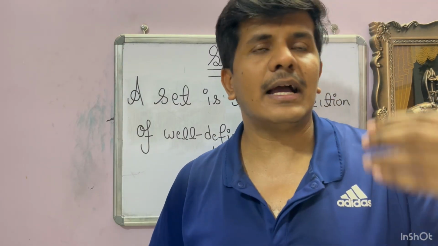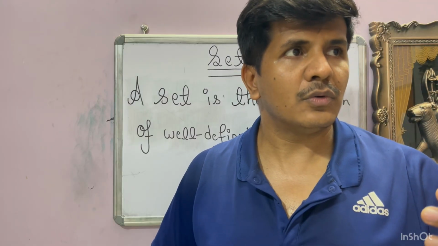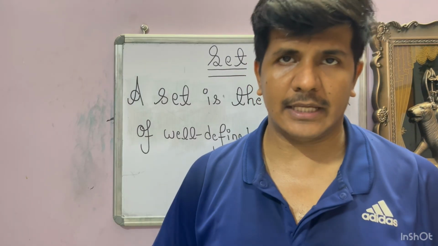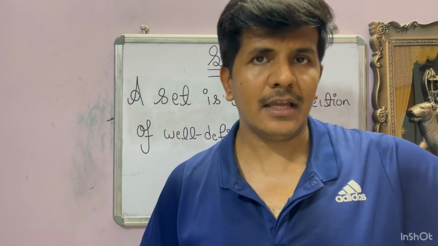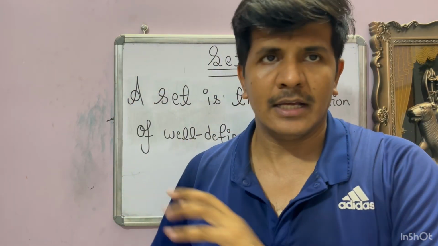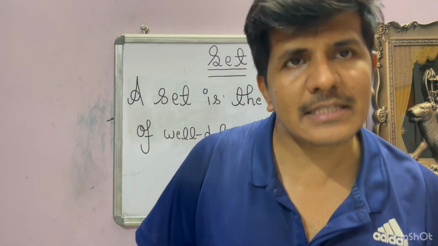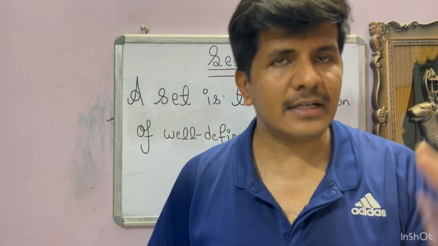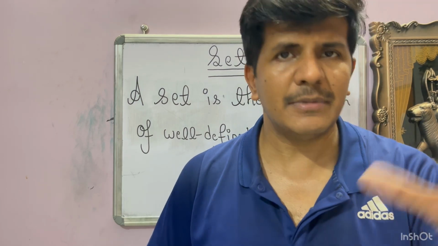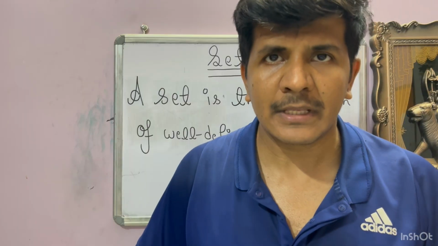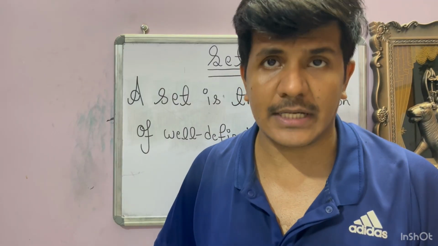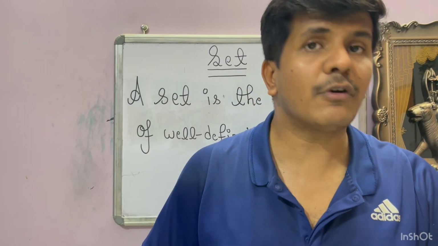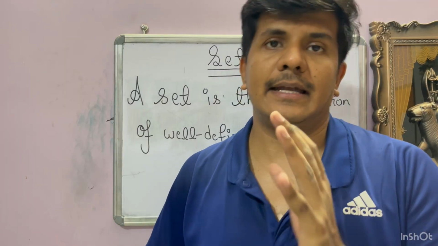That means when I ask you to do a collection of a particular thing, then whether it's A, B, C or D, the collection in all those cases is similar no matter who is doing it. That means definitely that collection is absolutely the same. Then that falls under the category of set.